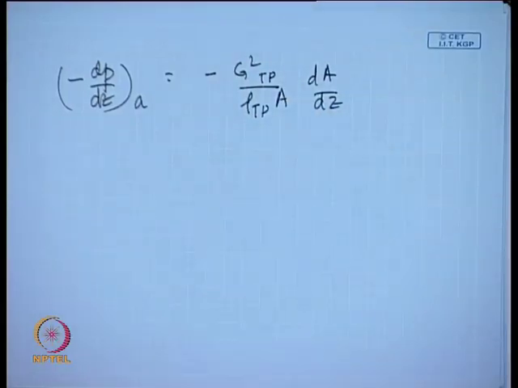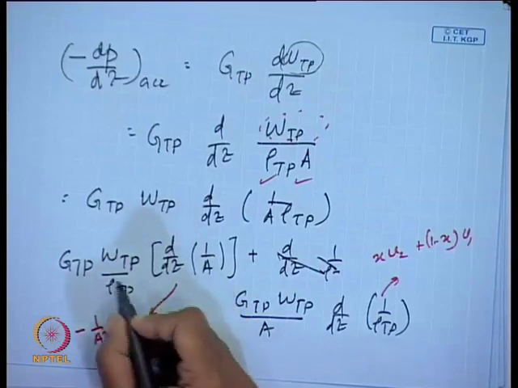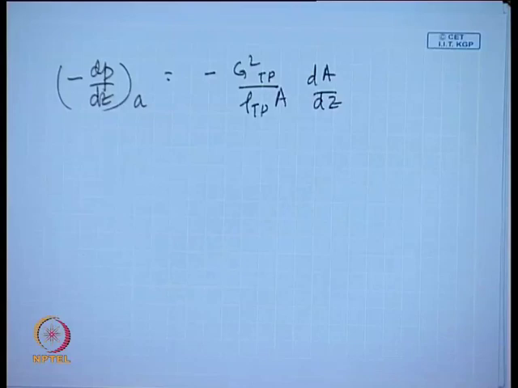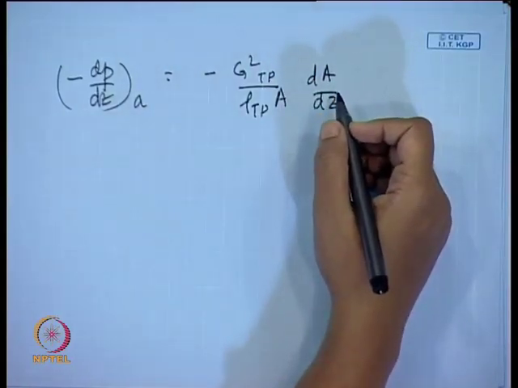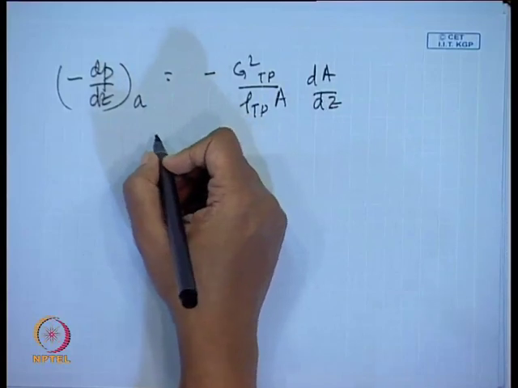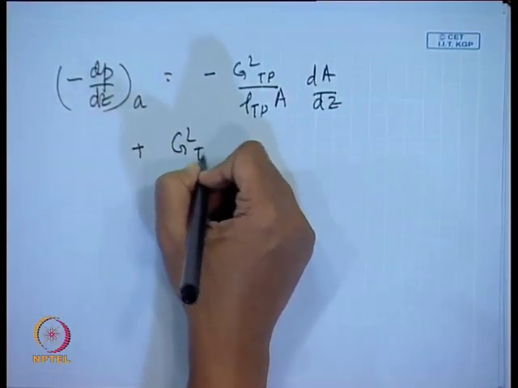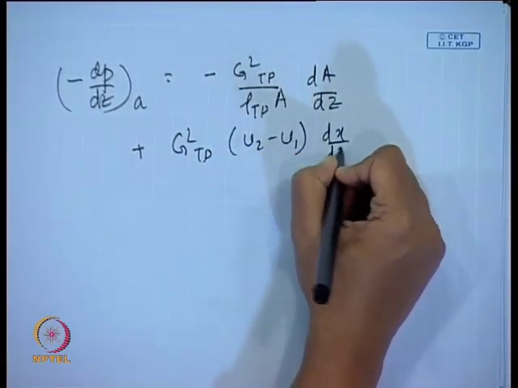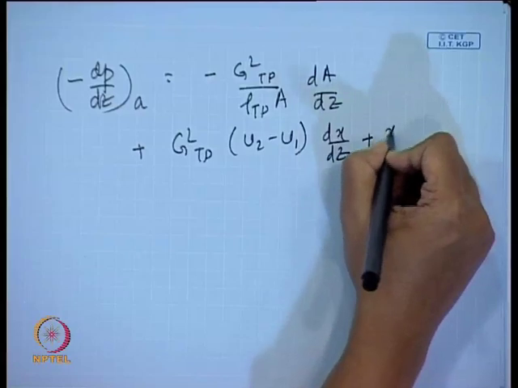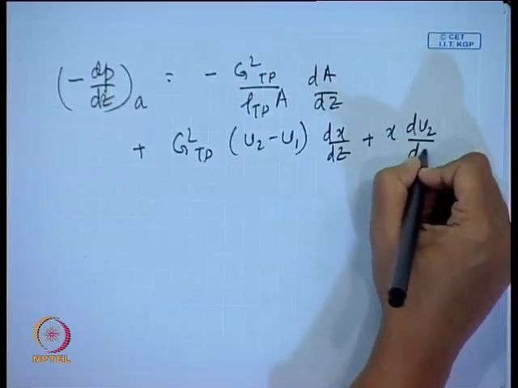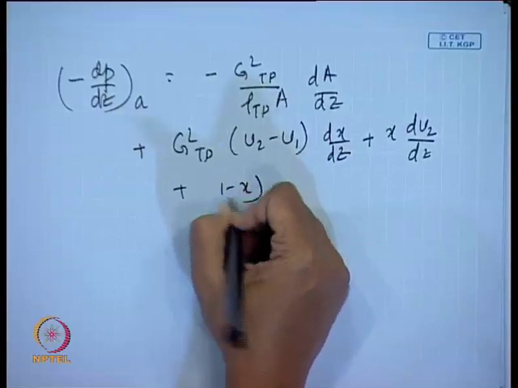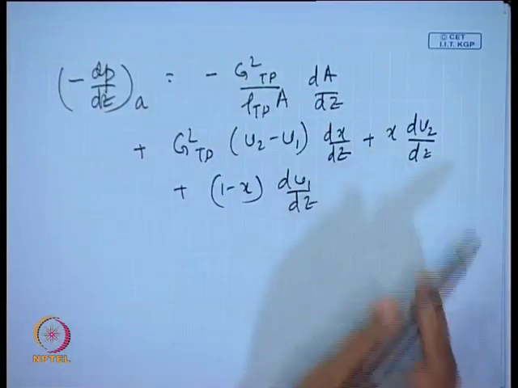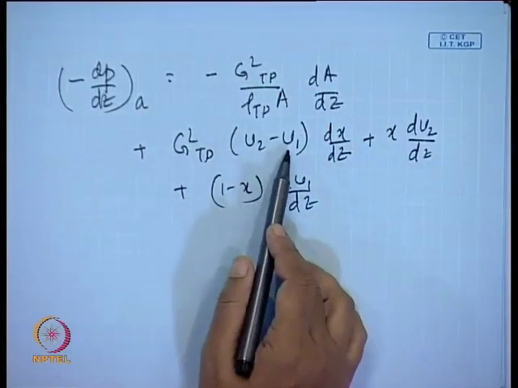One of the A's has been taken up here, one of the A's has been taken up with W_TP to give you a G squared, and one of the A's is remaining. Okay. And the other term, if you do it, is G squared_TP times (V2 minus V1) dx/dz plus x dV2/dz plus (1 minus x) dV1/dz. Just see whether you are getting all these 4, rather 5 terms, okay?